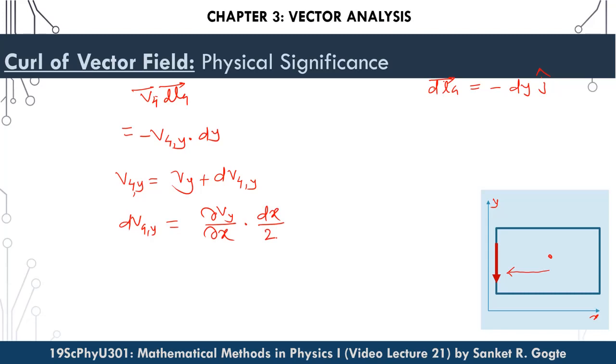But since we are moving along the negative x-axis, it is minus, and therefore v4 dot dl4 is equal to minus vy plus dou vy by dou x into dx by 2 into dy.